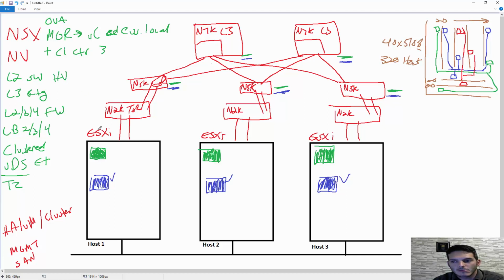Now, what is the hypervisor? ESXi. What is ESXi doing? Well, ESXi is taking the network, the CPU, the RAM, and the storage, and is virtualizing it. Basically, it's saying, okay, I have all these hardware resources.